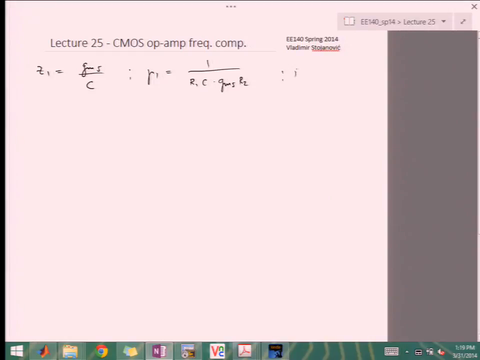And here R1 is RO2 in parallel with RO4, and R2 is RO5 in parallel with RO6.